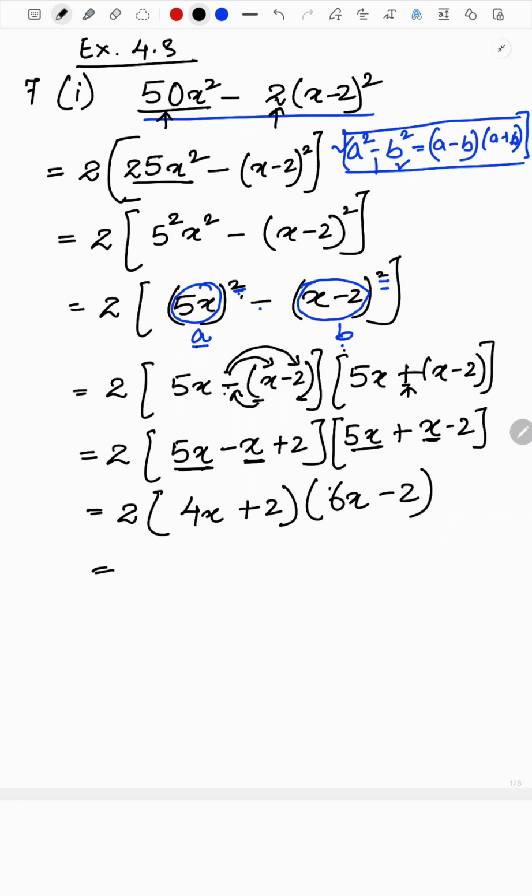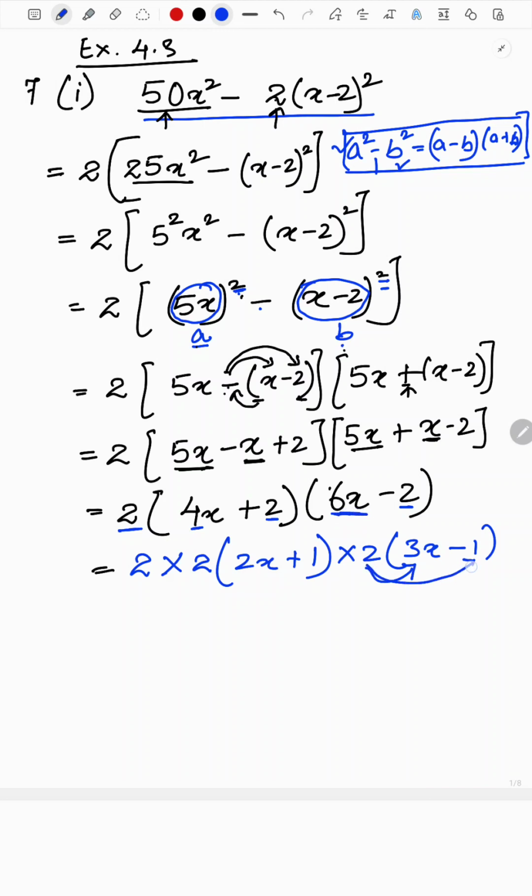Now let's see, I can further simplify this by writing 2. I have here this 2 into here 4 and 2. I can take 2 as common, so I'll get 2x plus 1. Here also I have 6 and 2, so here also I can take 2 as common, so I'll have 3x minus 1. 2 into 3x will give me 6x. 2 into this 1 will give me 2. So I have taken 2 as common.